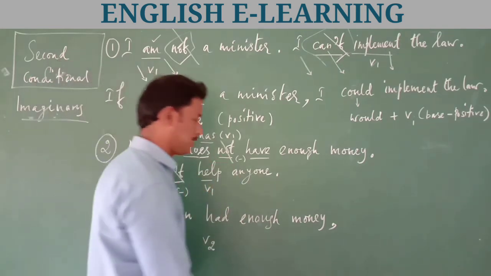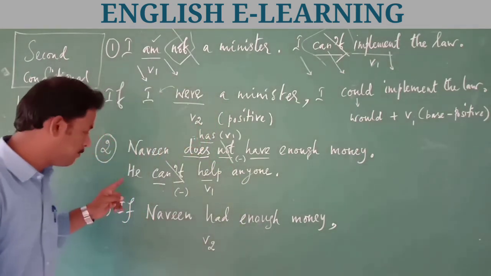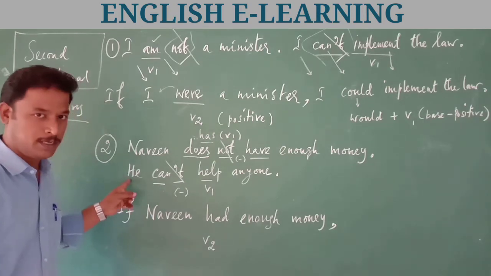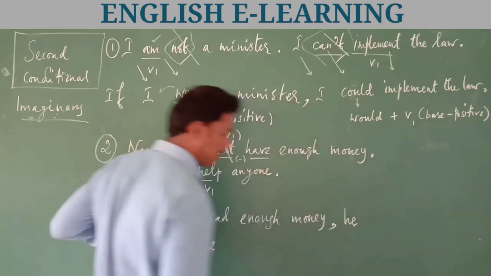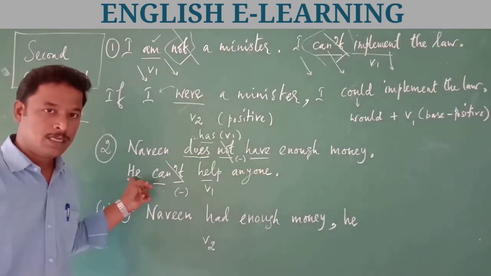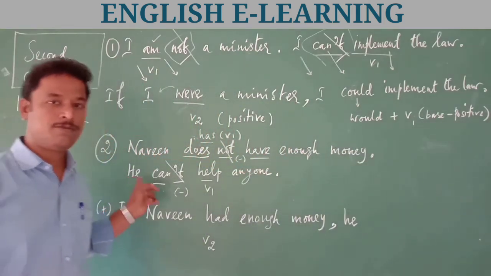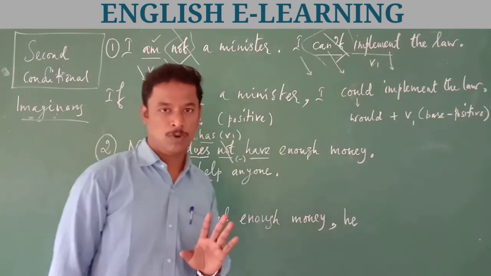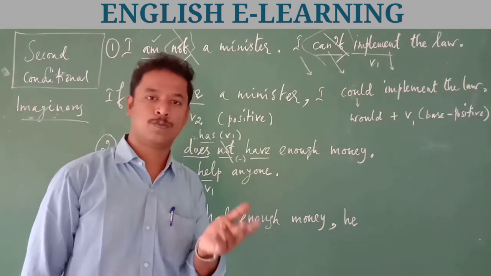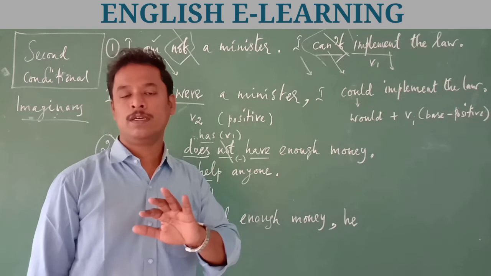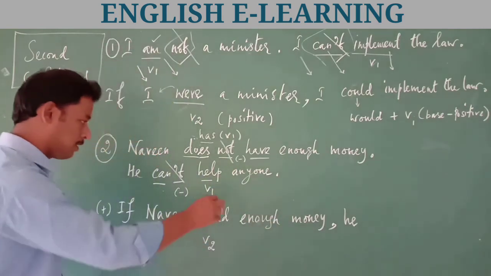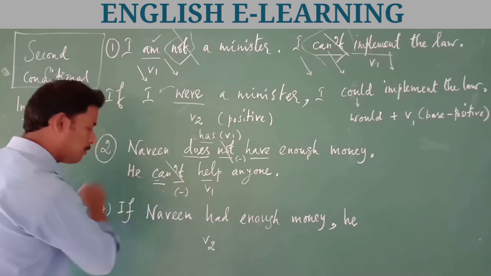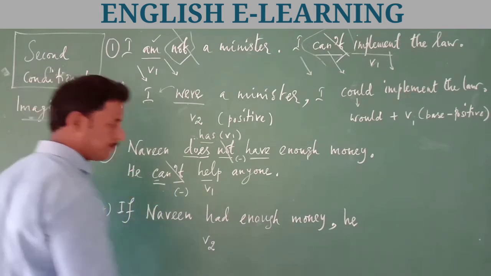Okay, fine. Next, what is the second subject? The same subject, Naveen, he. So you can use the pronoun he, and then the result should have the combination of would plus verb 1, or could plus verb 1, or should plus verb 1, or even may, might plus verb 1. Right. He. What is the past tense of can?